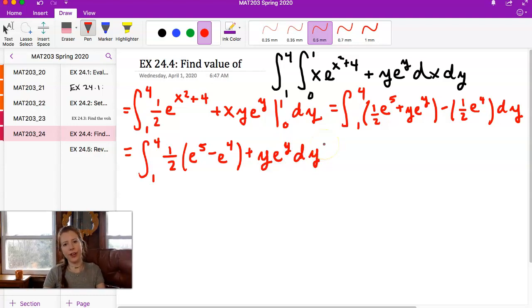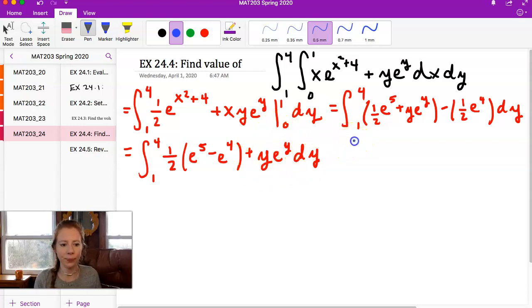All right, so here's the thing. In terms of y, integrating y e to the y is going to be a bit tricky. So remember integration by parts? Okay, well that's coming back, and we are going to take care of this piece with integration by parts.